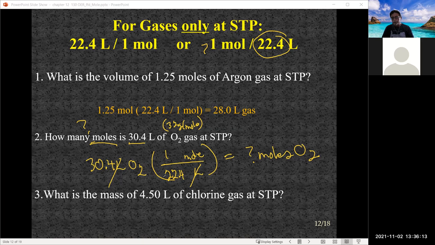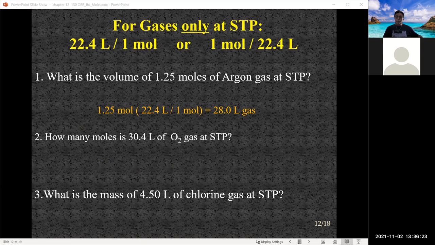We're taking 30.4 divided by 22.4. Our number is definitely going to be greater than 1, and it is almost 1.4. 1.36 moles, which is consistent with the numbers we're given and the mathematics we did.